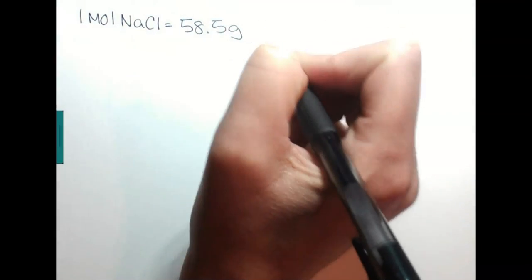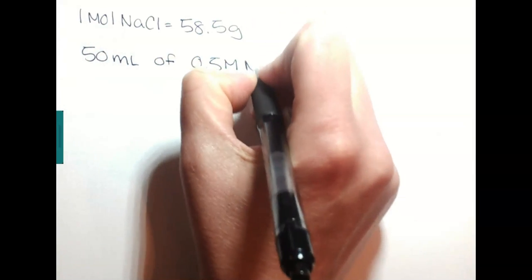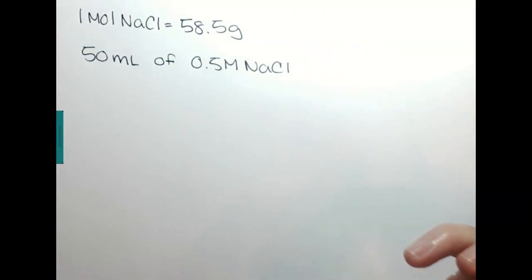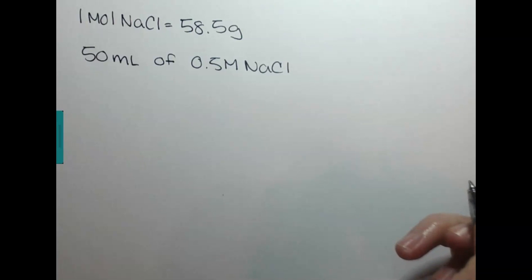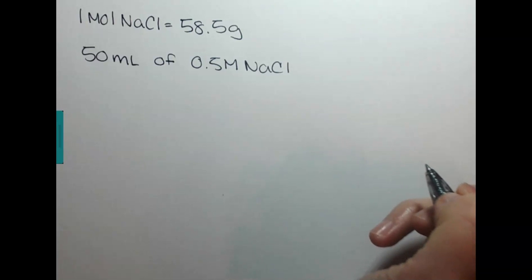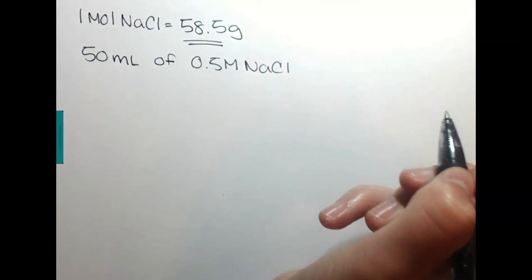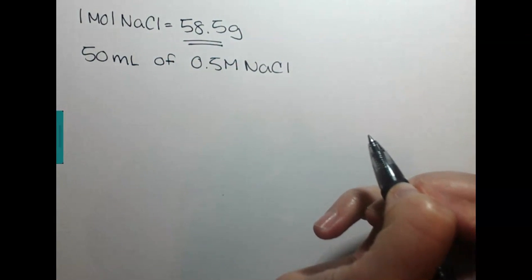I need 50 milliliters of 0.5 molar NaCl. Now I need to know what are the amounts of everything that I'm going to need to do that. So basically I need to know how many grams of sodium chloride do I need to weigh out in order to make this 50 milliliters of 0.5 molar solution.